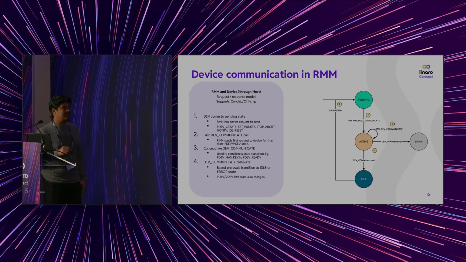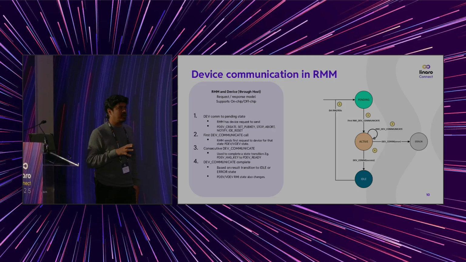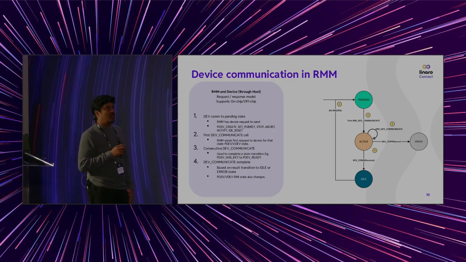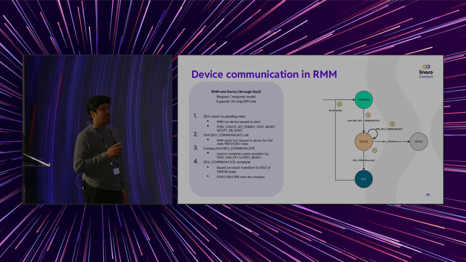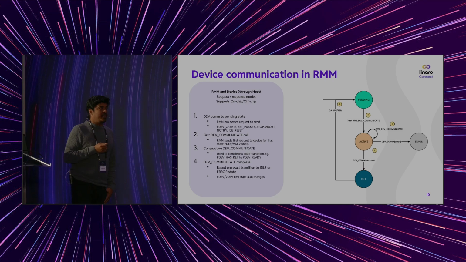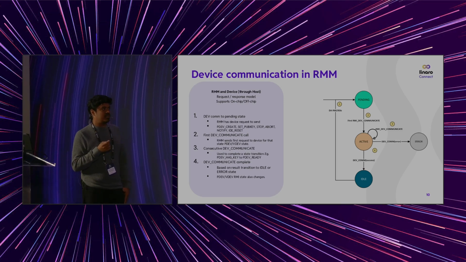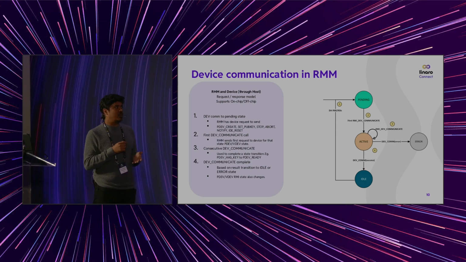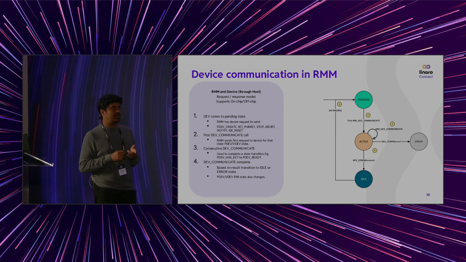So this summarizes the device communication state inside RMM. This is a common communication infrastructure which is used for both the PDEV communicate call as well as the VDEV communicate call. The pending state is the initial state, and it means the RMM has some data to be communicated with the device.